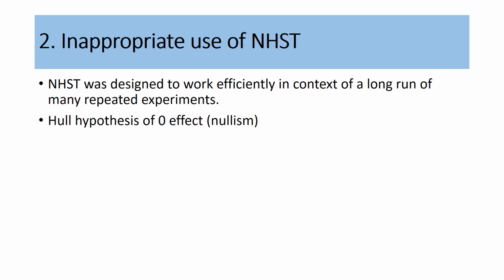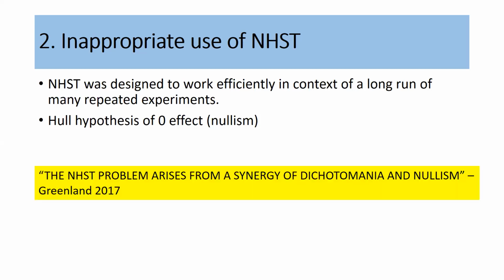Secondly, researchers usually set the null hypothesis to zero effect, and they usually do not quantitatively define the alternative hypothesis. Therefore, they are always comparing the alternative, whatever it is, to zero, and not to the smallest clinically important difference, which might or might not have been defined in a sample size calculation. It's nullism.